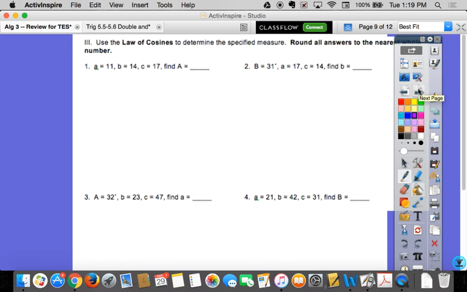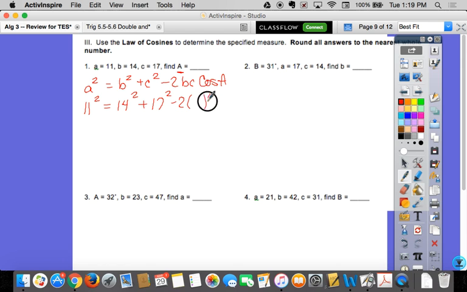Okay, law of cosines. The good thing about law of cosines is there's no ambiguous case. You just have to remember your rules. Whichever letter I ask for, that's the letter you start with: a squared equals b squared plus c squared minus 2bc cosine A. So come in here and start filling in your information.